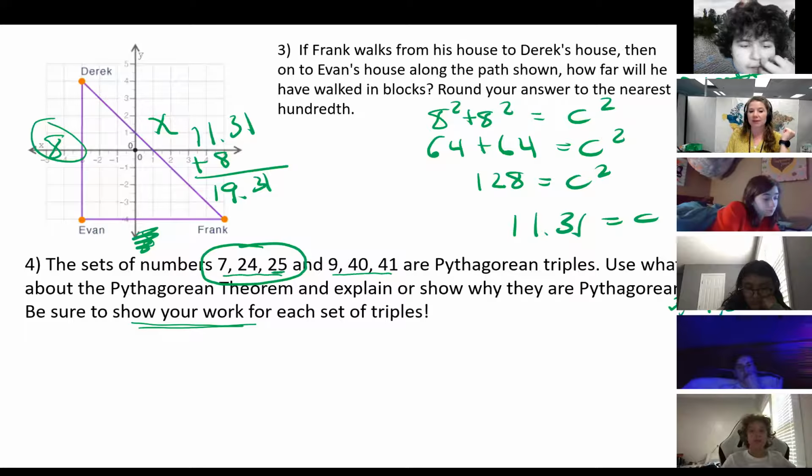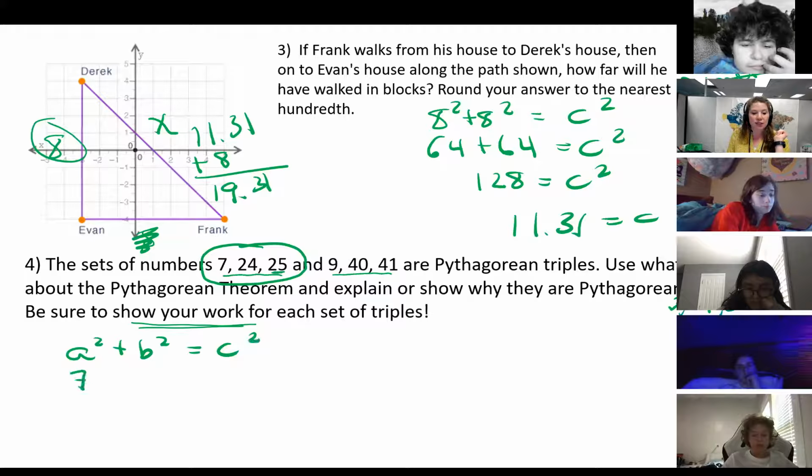Okay, and be careful because sometimes they might put the biggest number as the first or second number, and you have to determine which number is letter C. So to prove that that's a Pythagorean triple, you're going to plug in those numbers for A, B, and C. So 7 squared plus 24 squared. The biggest number is C squared.